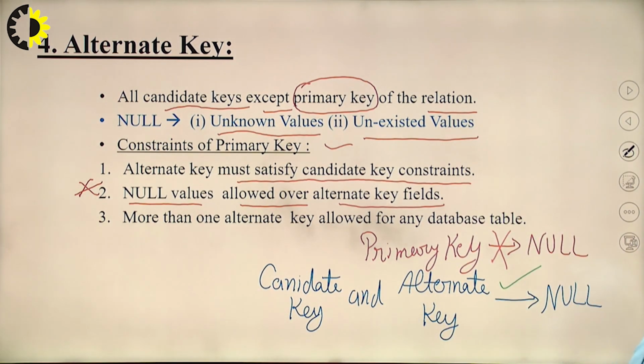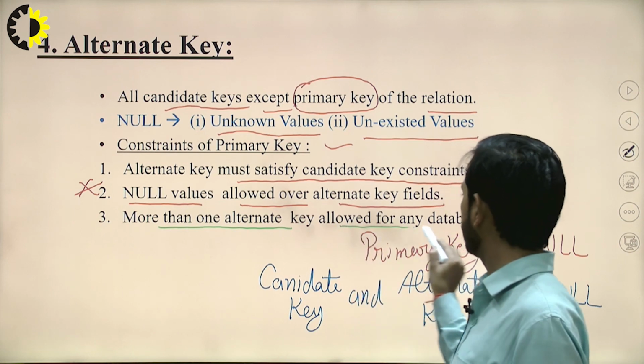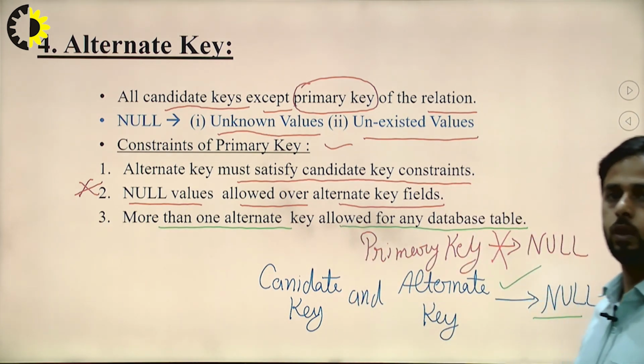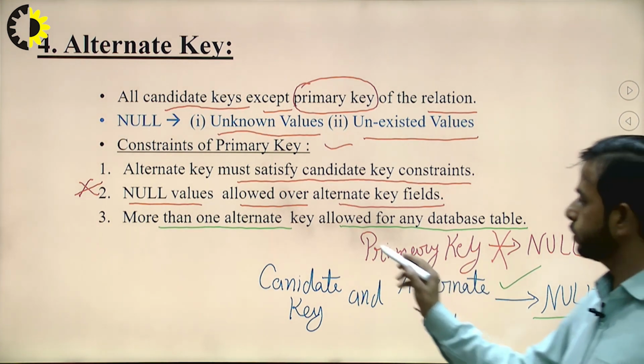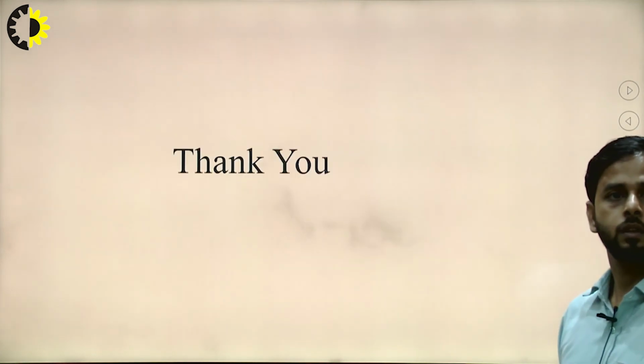Next, more than one alternate key is allowed for any database table. So there may be more than one alternate key in any database table, but the primary key is always one.